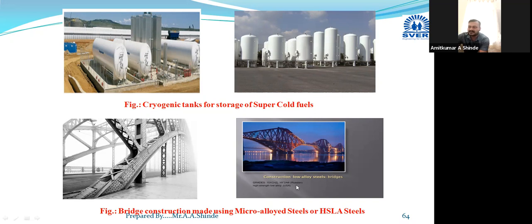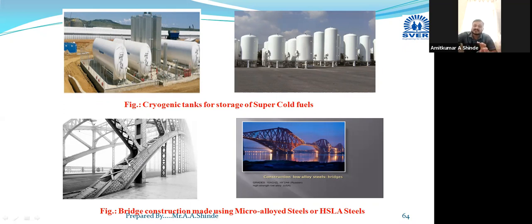The grade is different. In USA, it is termed as HSLA steel. Then in Russia, they have given some grades. This is not an important part, but what you have to understand is that these bridges are manufactured with the help of this high strength low alloy steel, and these bridges do not have any coating or paint.